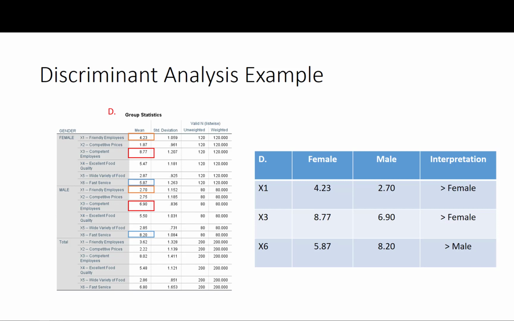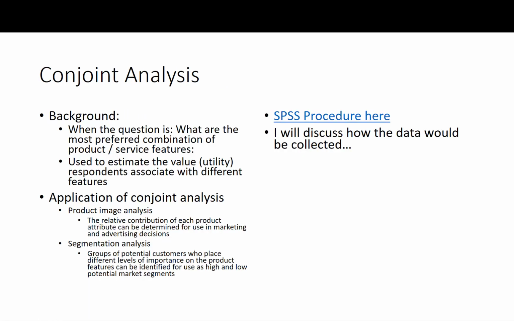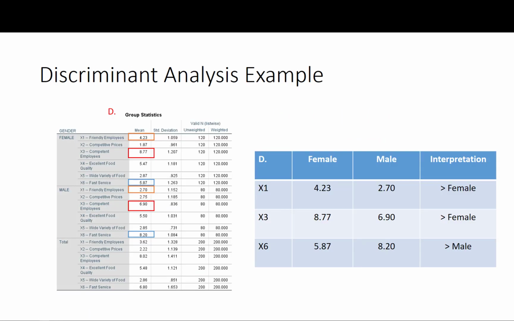So we can then say, what we can then say is we can then look at these three variables, and if all the information that we have is that on X1 and X3 they are higher than a male score, and on X6 they are lower than a male score, we can predict that this person is female.